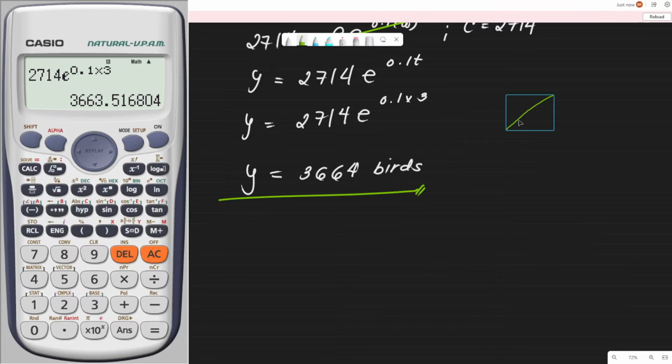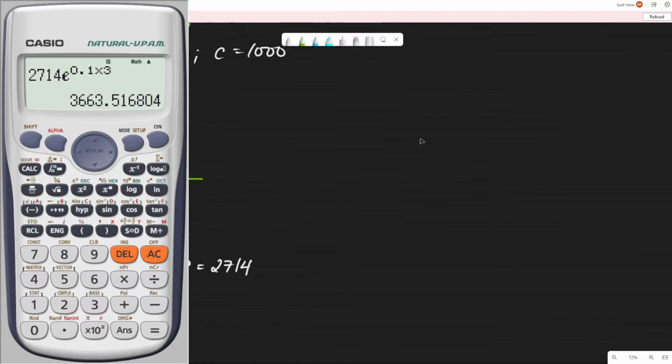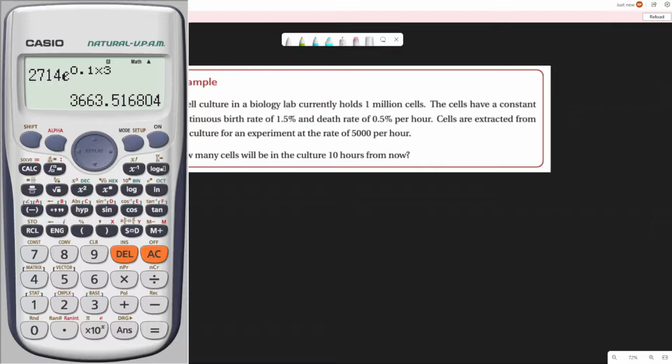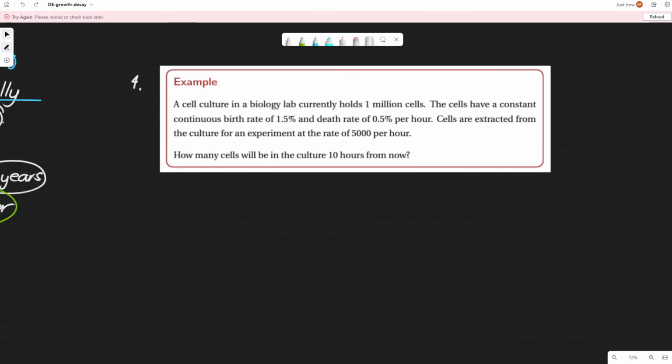Okay? So, last example tayo for this one. Got this from the internet. Sorry, baba ko lang yung calcu. So, basahin natin. A cell culture in a biology lab currently holds 1 million cells.